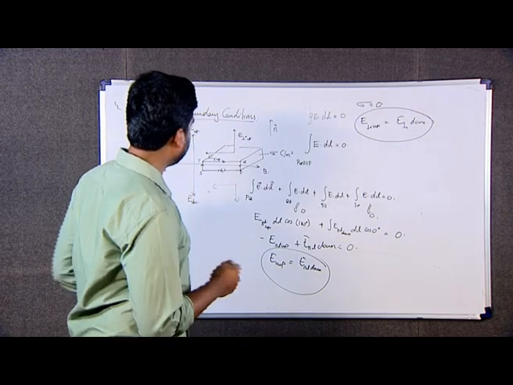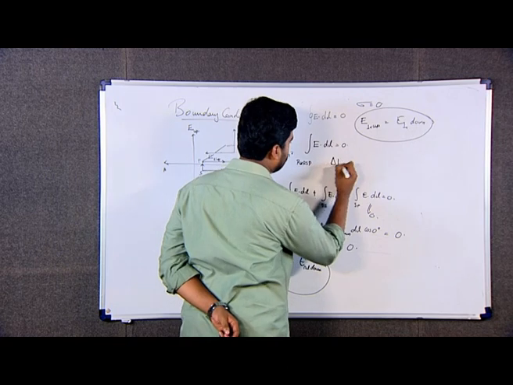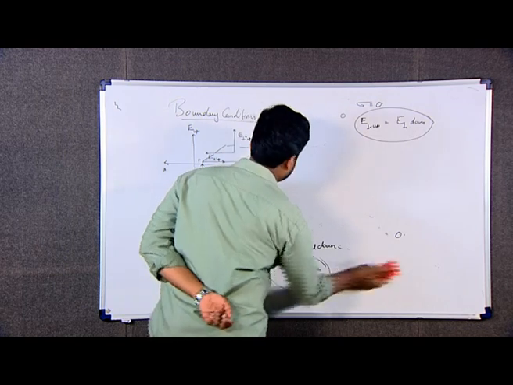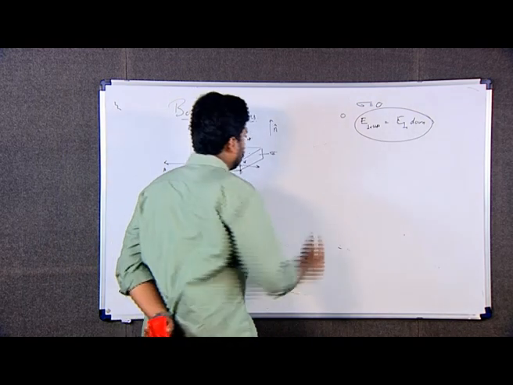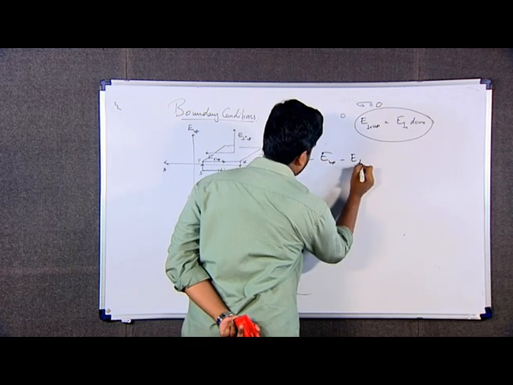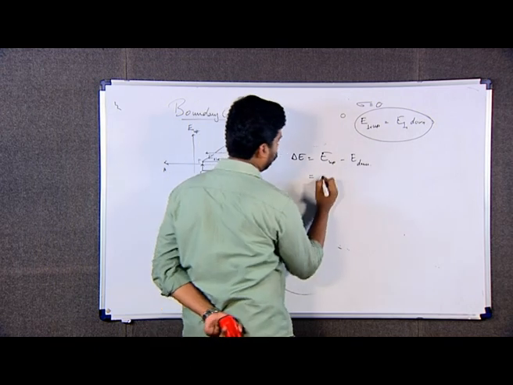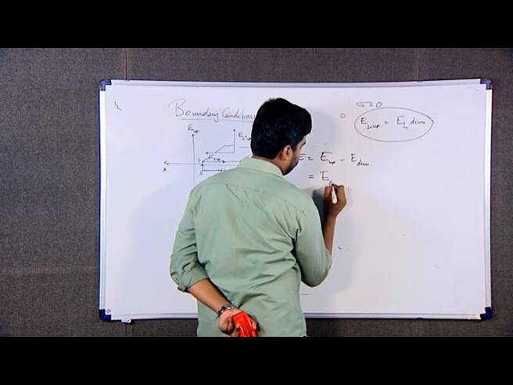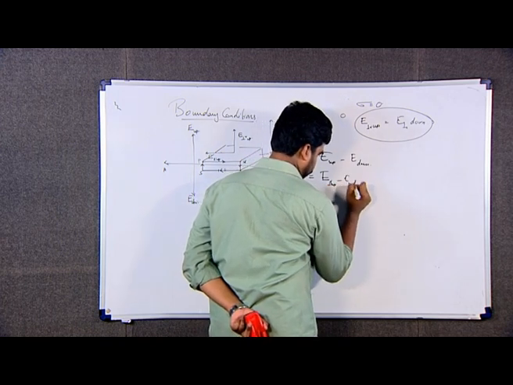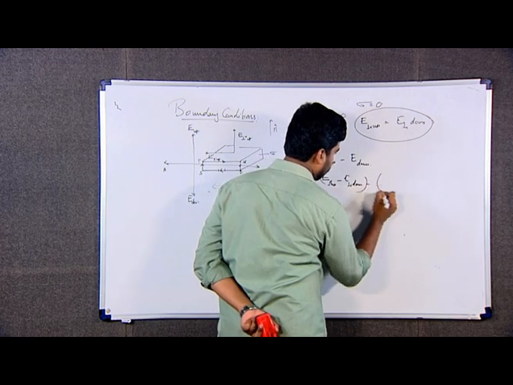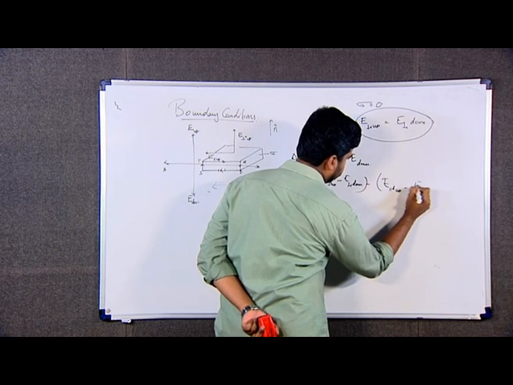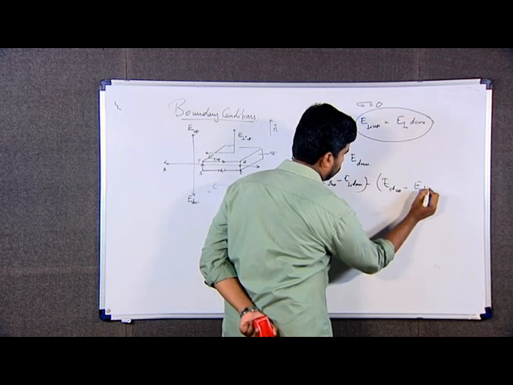We know that delta E, our main equation, is equal to E up minus E down, which is E perpendicular up minus E perpendicular down plus E parallel up minus E parallel down.